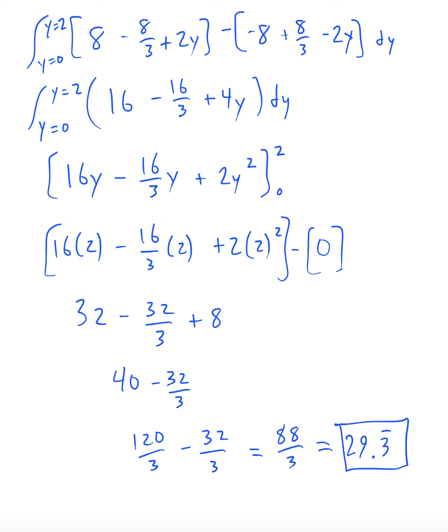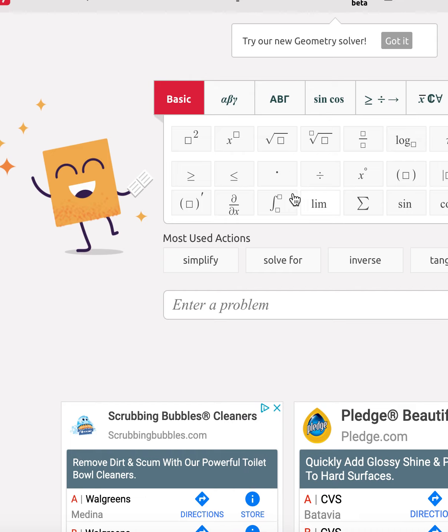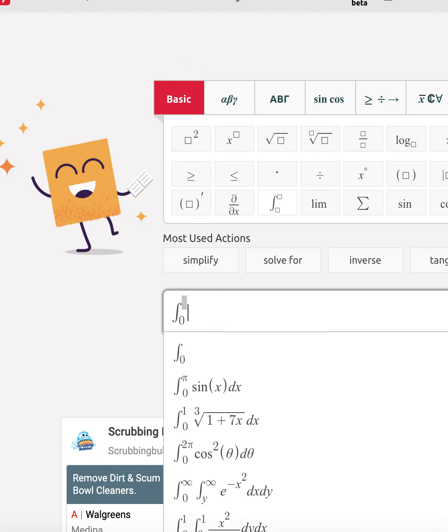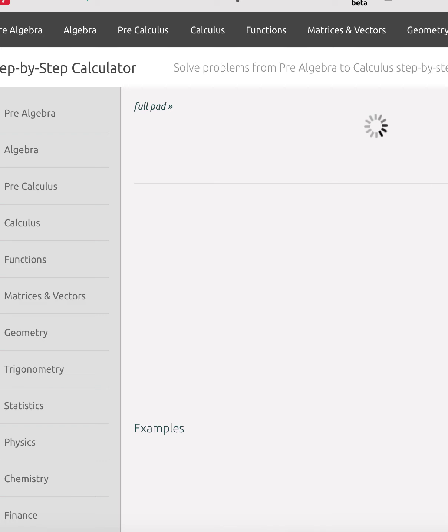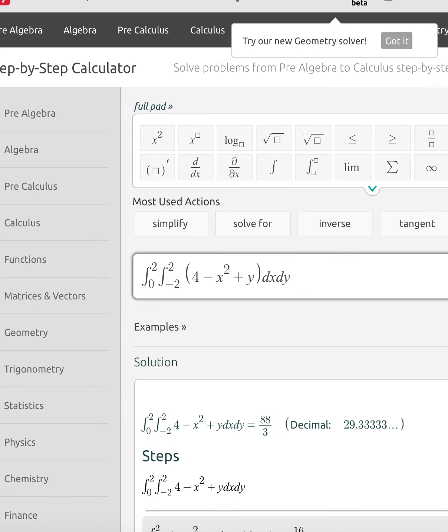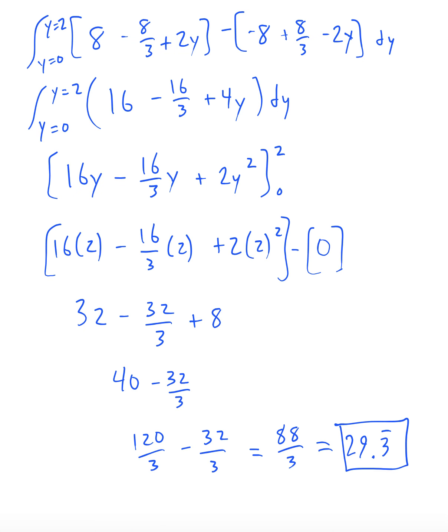Okay, I get 29.3. We can check our work in Symbolab. Symbolab is capable of performing double integrals too. And there we go. We got it right. That is the exact volume under the surface.